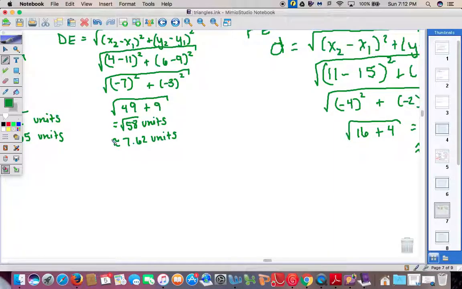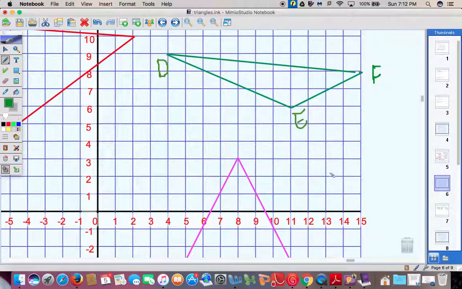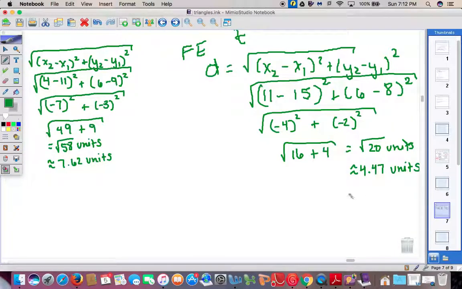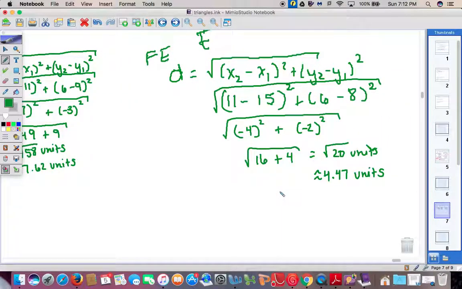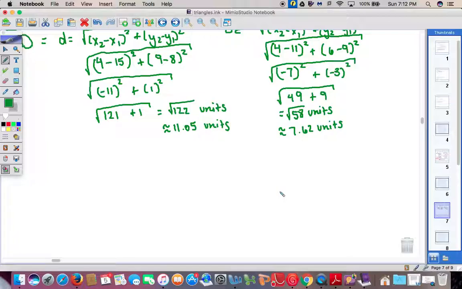So now if I want to find the perimeter, we can go back and see, does this look like it makes sense? EF would definitely be my smallest side, and that's what I've determined, that EF is my smallest side. So now if I want to know what my perimeter is, I would add my sides together. So the perimeter is each of the sides added together.